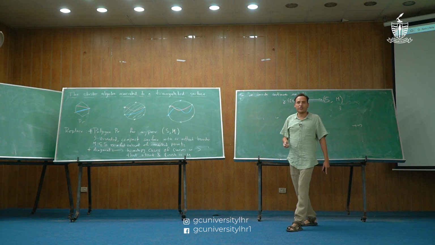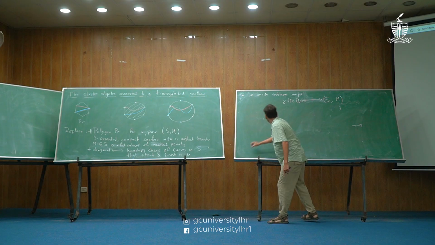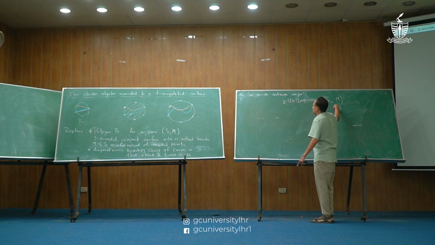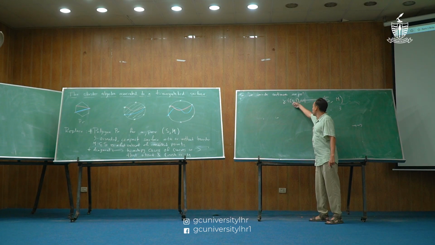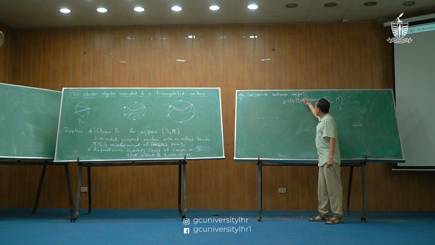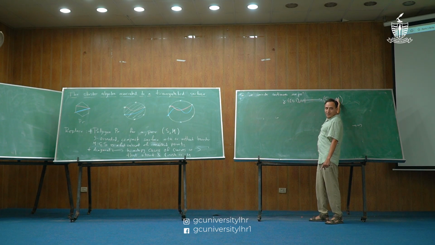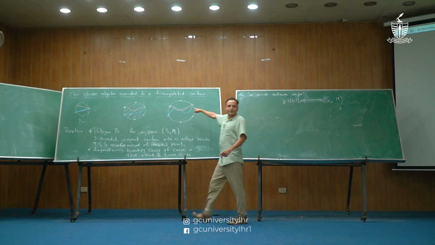So that's a notation in topology. When you write this kind of symbols, your function goes from here to here, and you ask that this goes to here. Okay? Just like this.